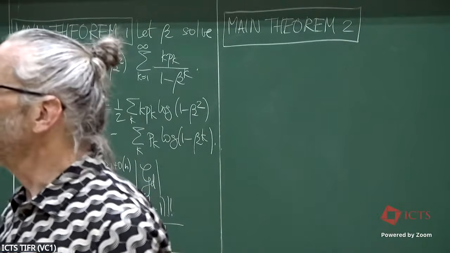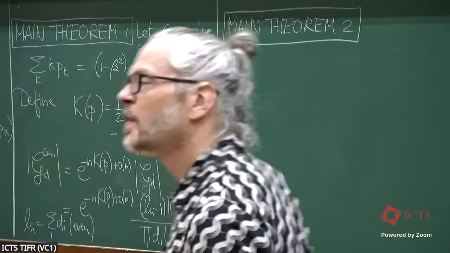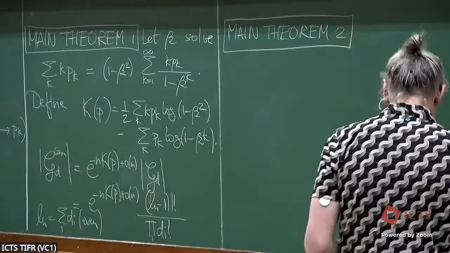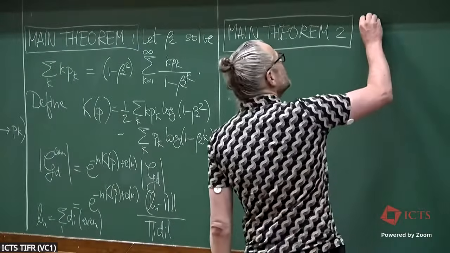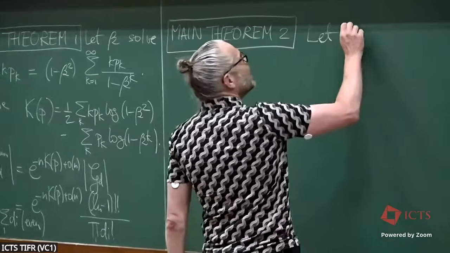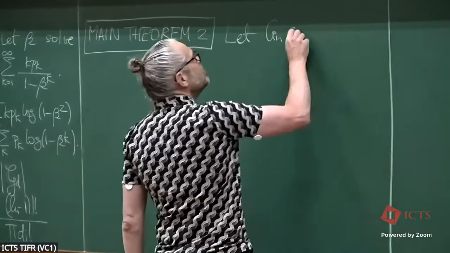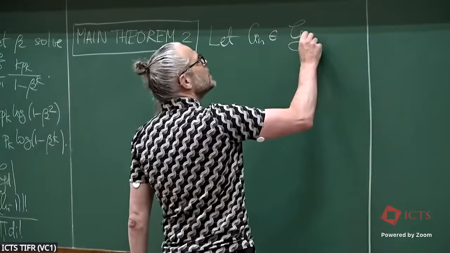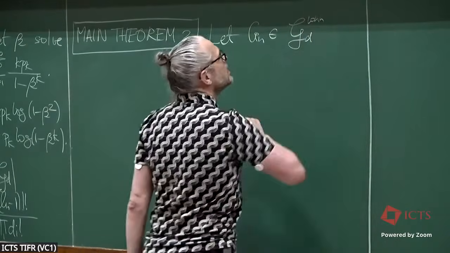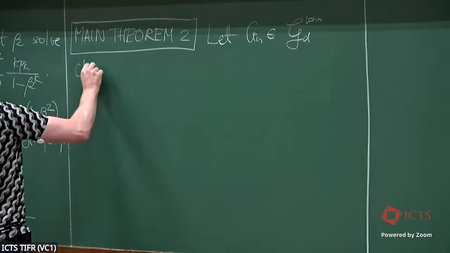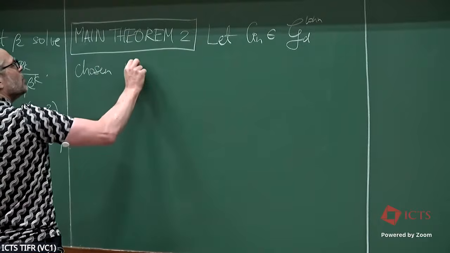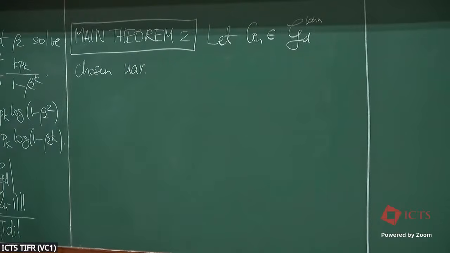And then the next question is, what is their structure? Okay, we've already seen talks about local limits. So let Gn be chosen uniformly at random from this set that we're interested in, a random graph from this set. We know roughly how many there are.